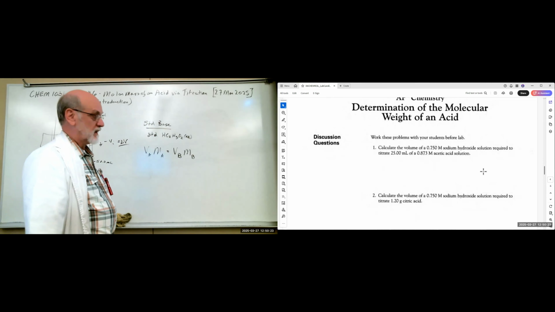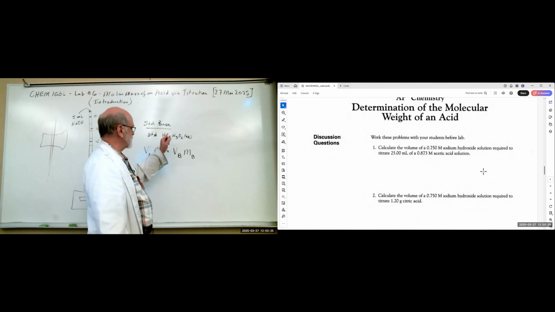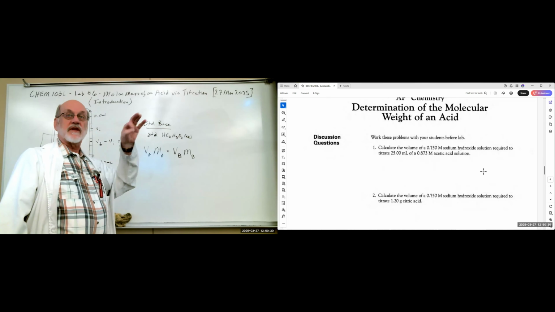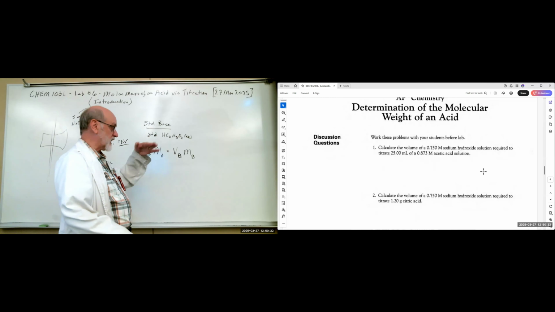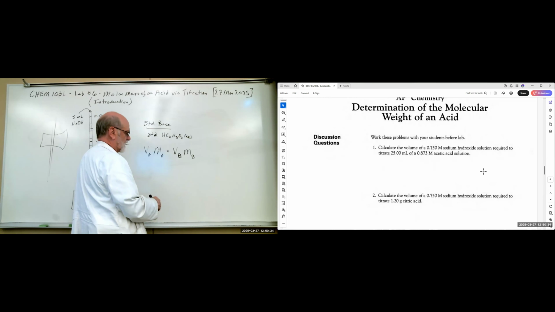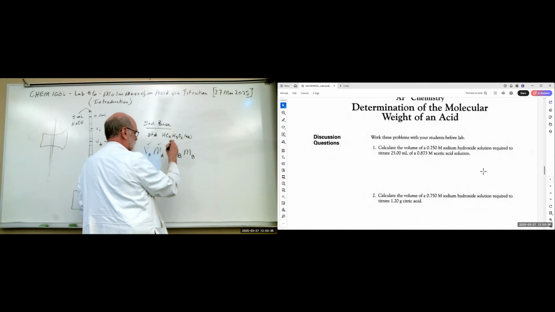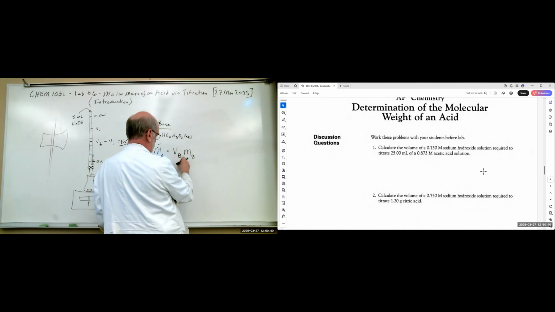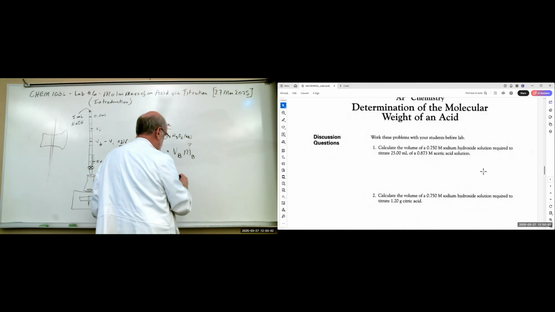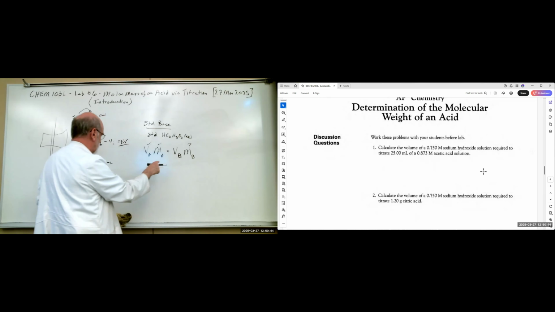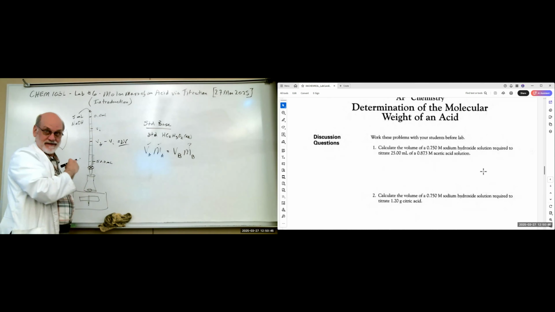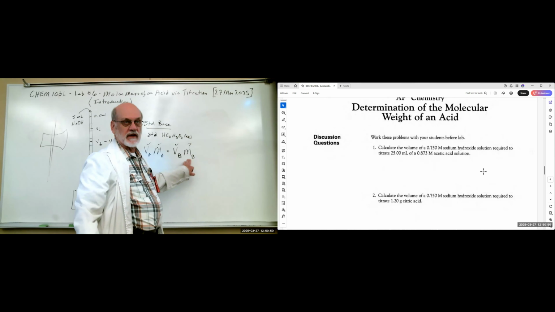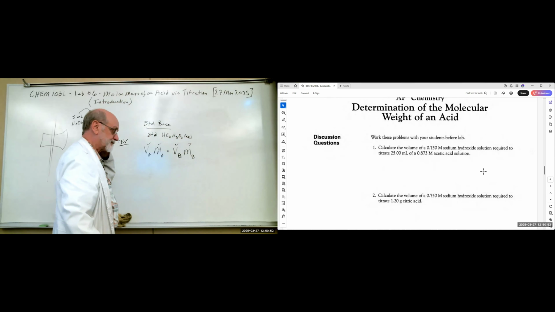Works perfectly well, as long as the number of protons in the acid per molecule is the same as the number of hydroxyls in the base. It's a one-to-one relationship. We can do that. So we know this one, we know this one. We're going to measure out, we're looking for this one, and we're going to determine that one here. So once we do that, we've got those 3 terms and we can calculate the molarity of the base.